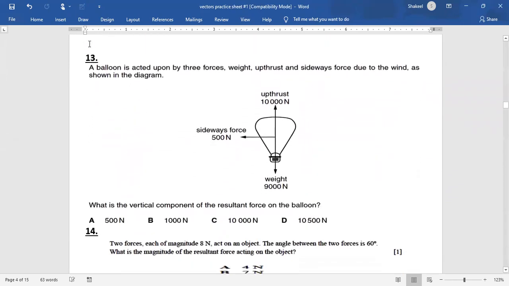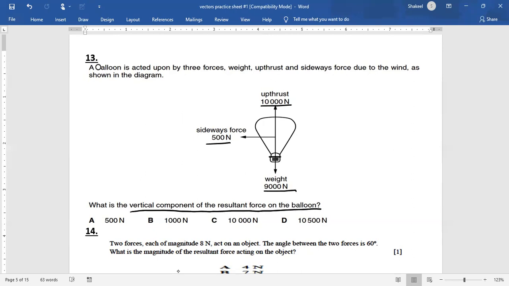Okay, question number 13 says that three forces are acting. Up thrust is 10,000 on the balloon, 9,000 is its weight, and 500 is the sideways force. So they're saying, what is the vertical component of the resultant force on the balloon?